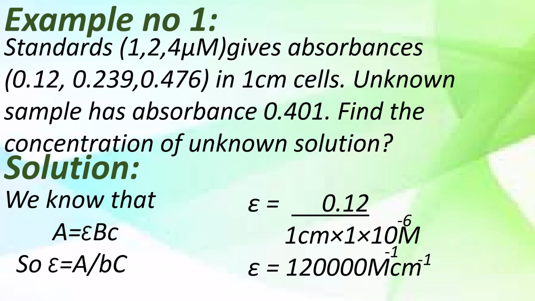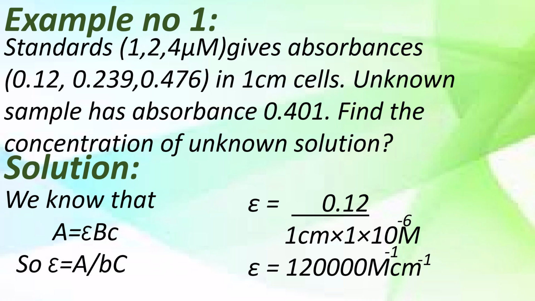We know that micro means exponent minus 6. So 1 exponent minus 6 molar. After solving, molar absorptivity is 12,000 molar inverse centimeter inverse. Now we have found the molar absorptivity.